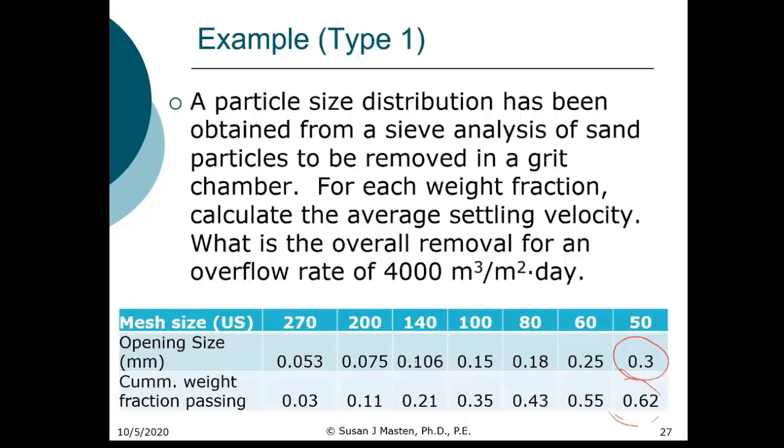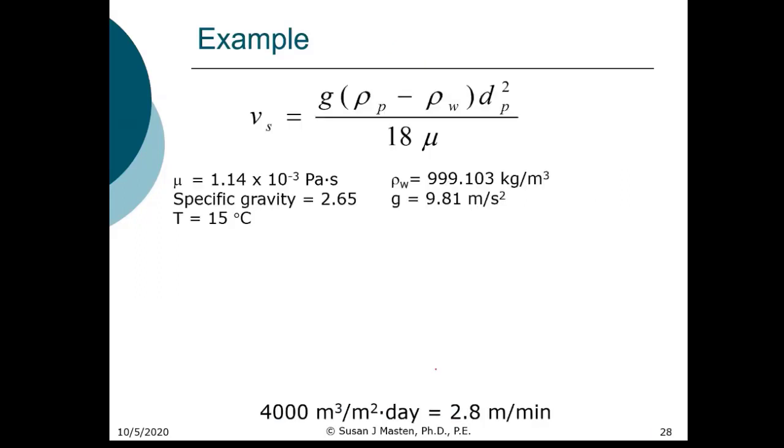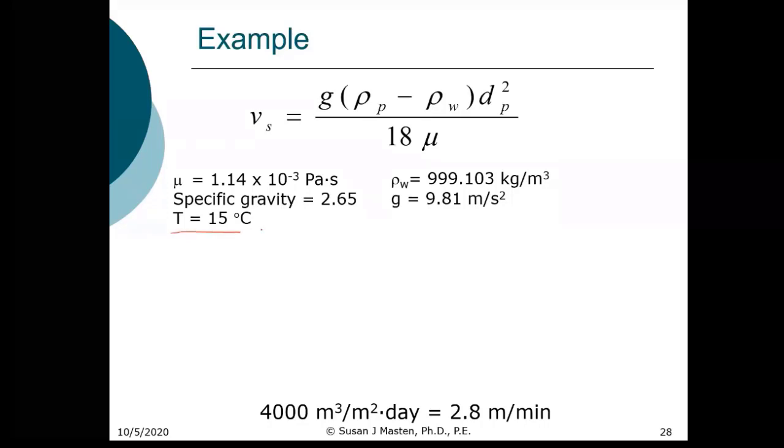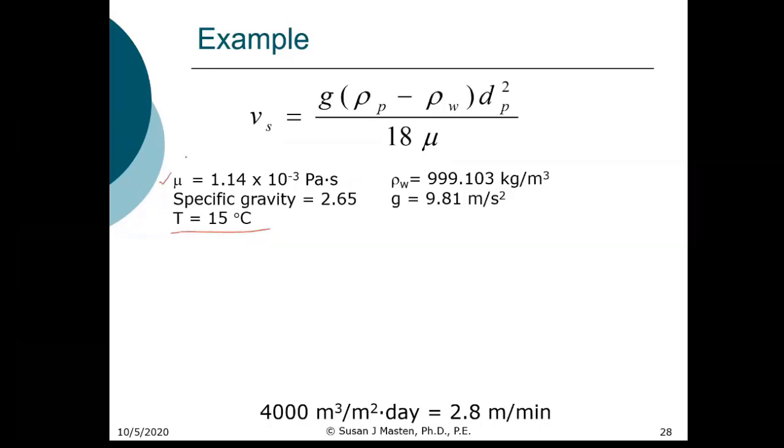Now, the problem statement is given here, but we're going to work through the problem assuming a temperature of 15 degrees C. I've given you the absolute viscosity, and you have the density of water at 15 degrees.